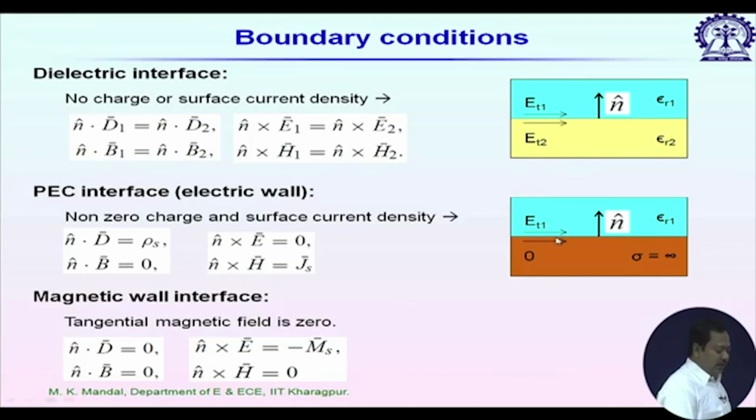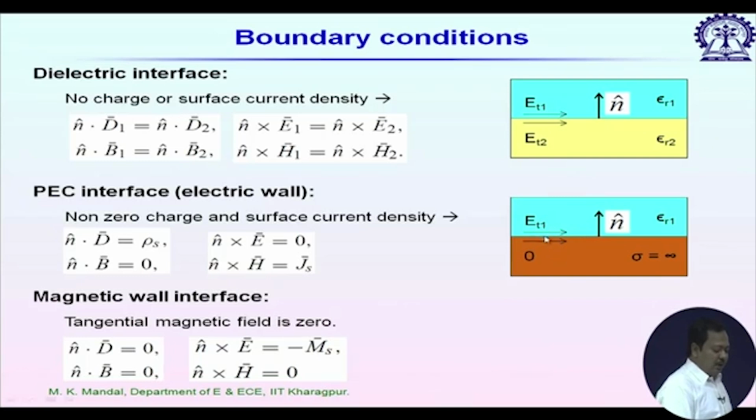In that case, all the charge will appear only on the metal surface or PEC surface. Then the normal component of D is discontinuous by the charge density rho s. The normal component of B is 0, and the tangential component of electric field is 0.